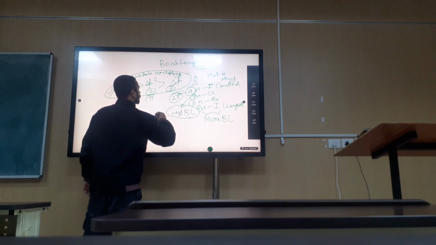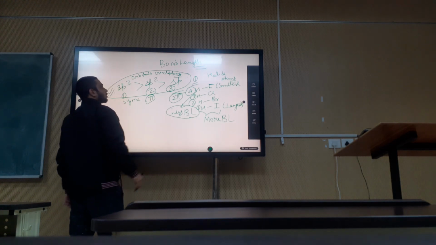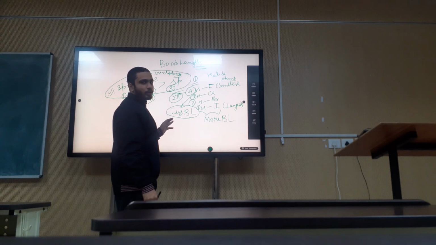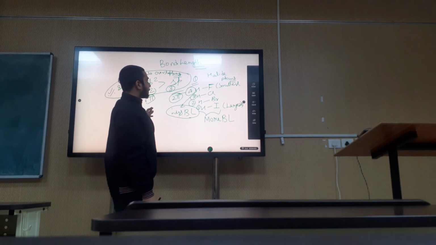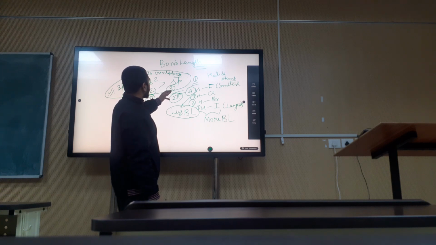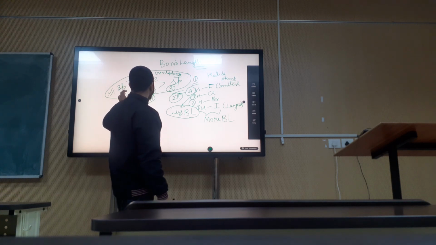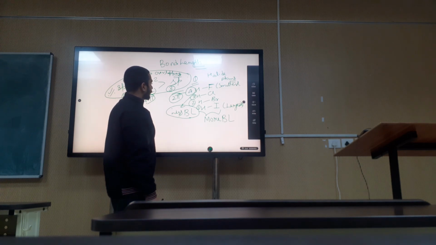So like this we can also compare the bond length of a particular compound. For example, if it has a triple bond, it has a less bond length, and if it has a single bond, it has a more bond length.